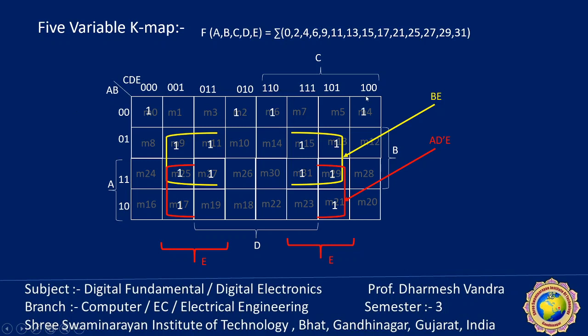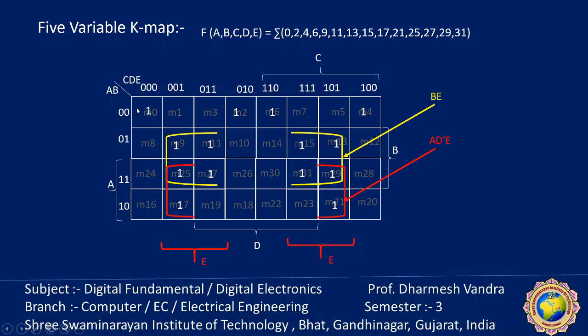Now all these four. The common thing is that AB is 0, 0 for the 4 combination. C is 0, C is 0, C is 1 and 1, so it is not common. D is 0, D is 1, so that is also not possible. E is 0 here, E is 0 here, E is 0 here, and E is 0 here.